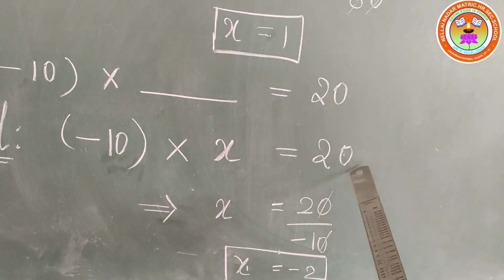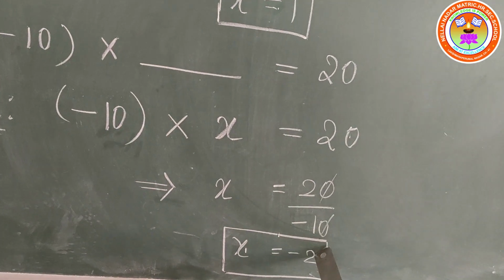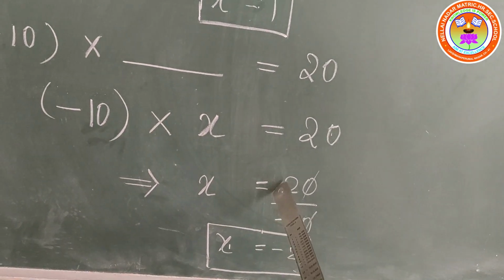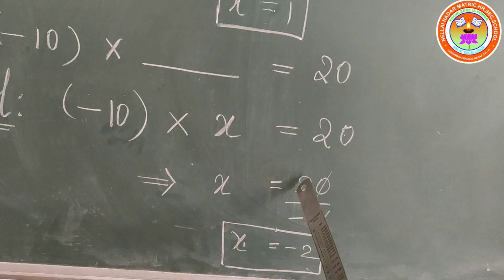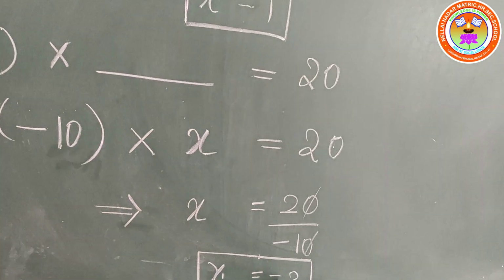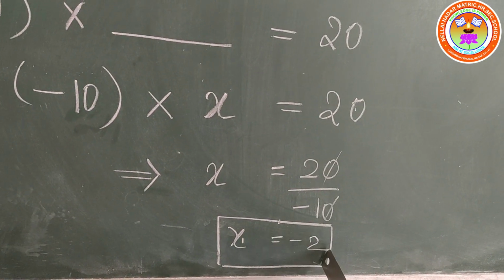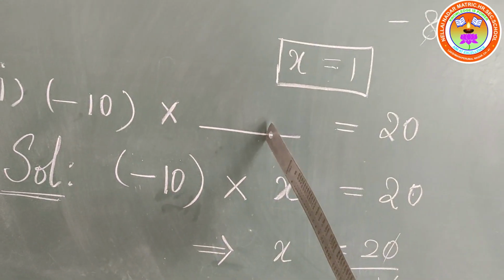Now 1 0 and 1 0 get cancelled. 2 by 1 is nothing but 2. Yes, so minus is there and plus is there. So minus and plus, according to rule number 2, what happens? We have to put the negative symbol. So x is equal to minus 2, which is the answer to be written here.